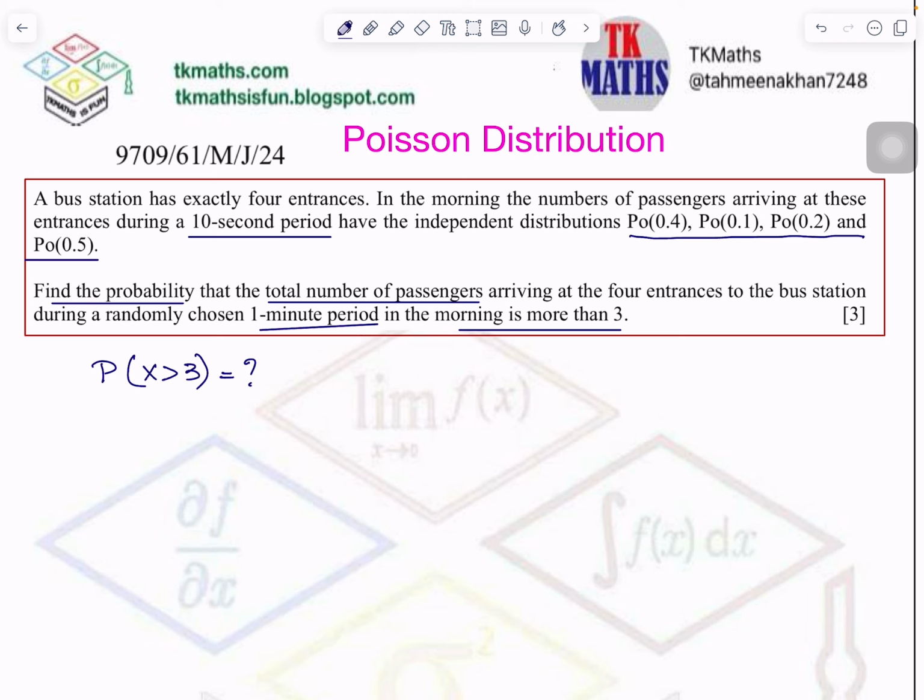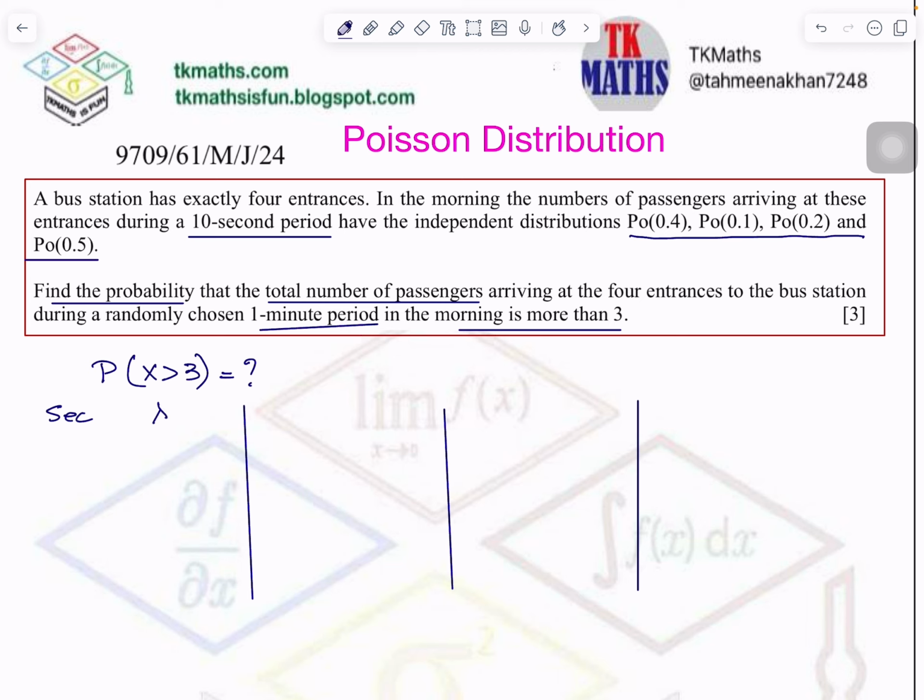So let's pick up 0.4 first. Let me divide this into 4 parts. You can do it mentally also, but I'm doing it very specifically so that everybody can understand. What is given to me here with respect to seconds and what is my lambda?